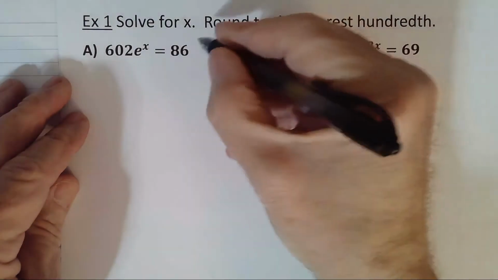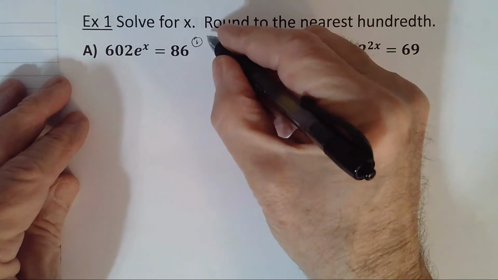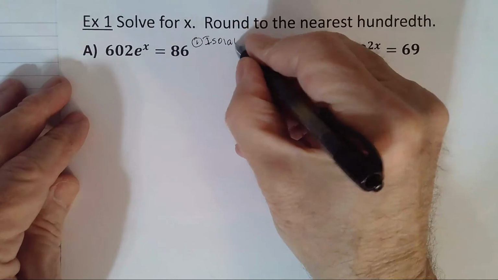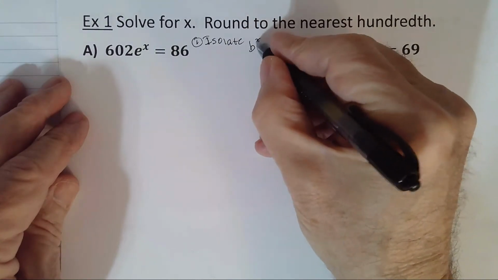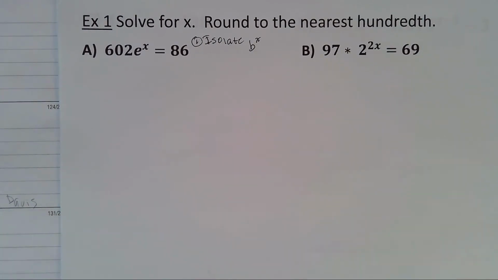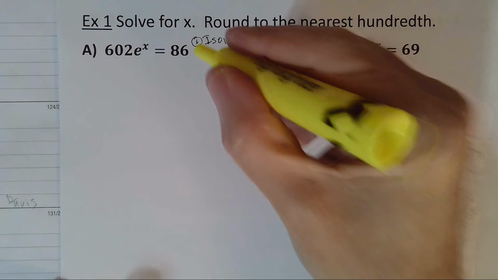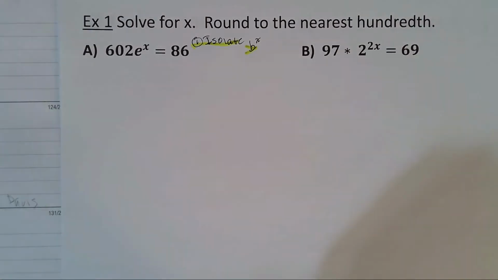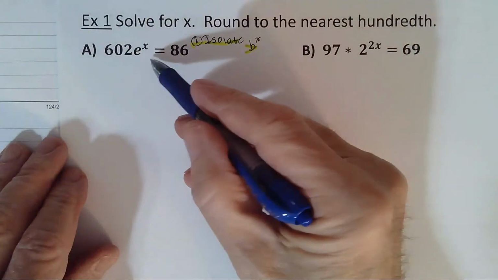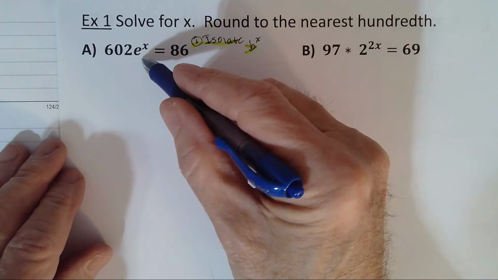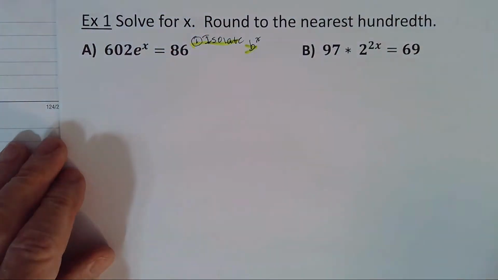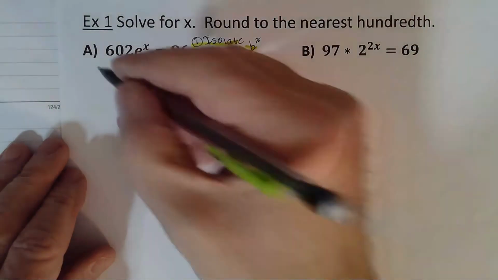So the first thing we're going to do is isolate b to the x, which is the base to an exponent, right? And so over here, I've got 602 multiplied to the base of e to the x. So I'm going to divide both sides by 602.